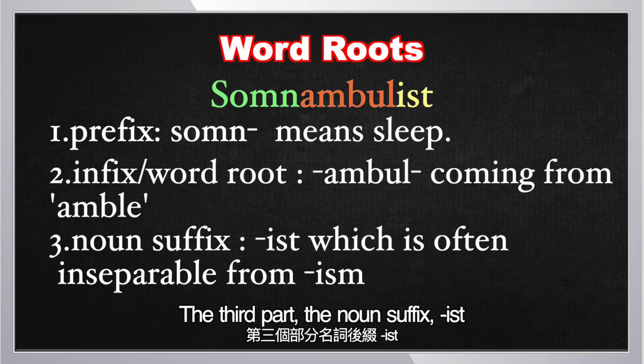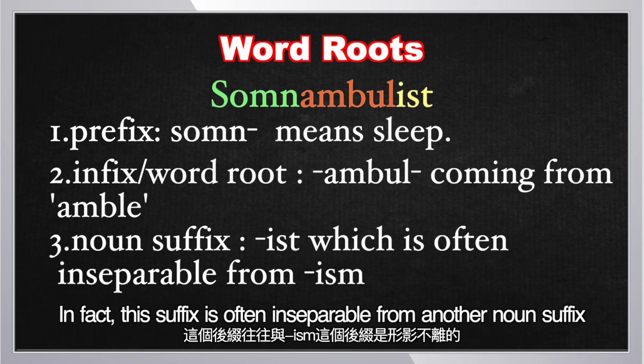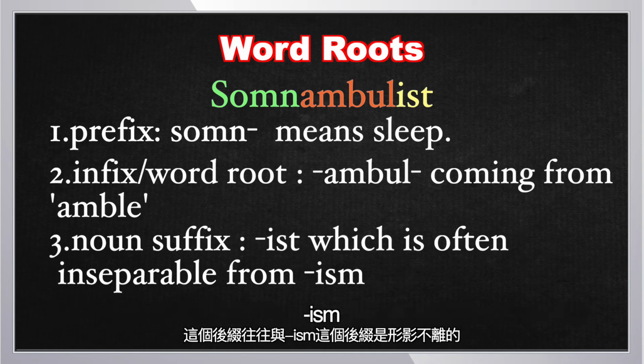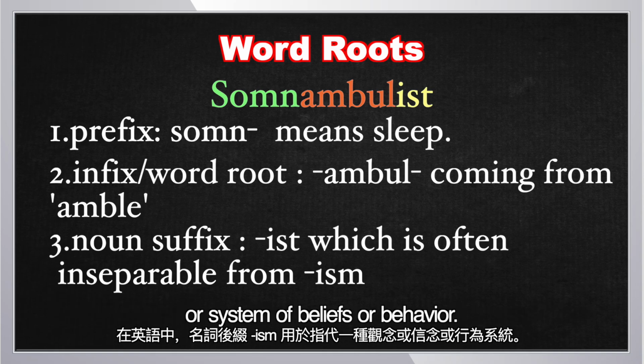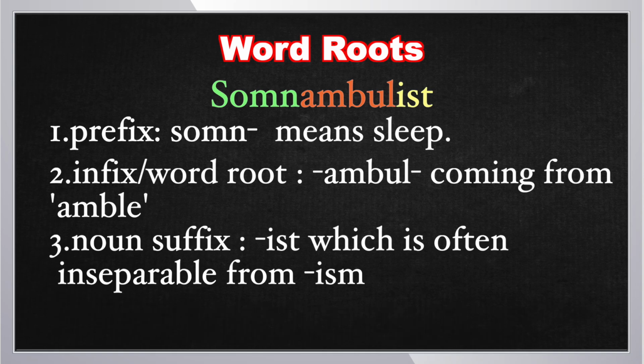The third part, the noun suffix ist, ist. In fact, this suffix is often inseparable from another noun suffix ism, ism. In English, the noun suffix ism is used to refer to a set of ideas or system of beliefs or behavior.